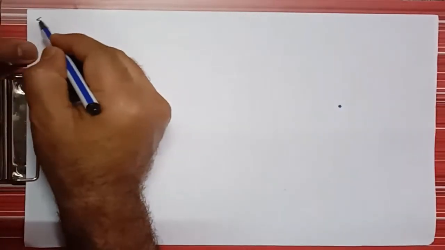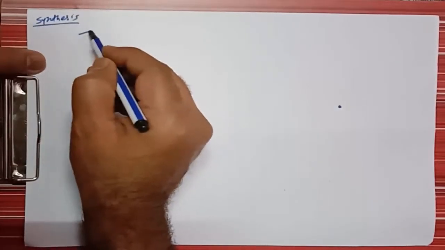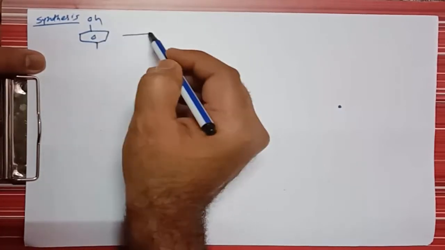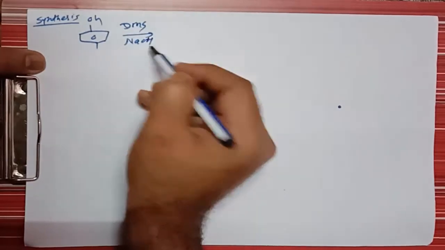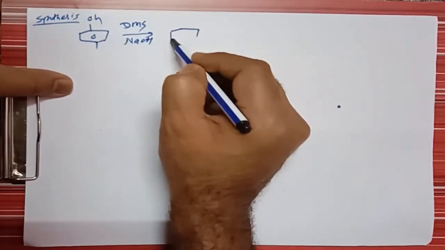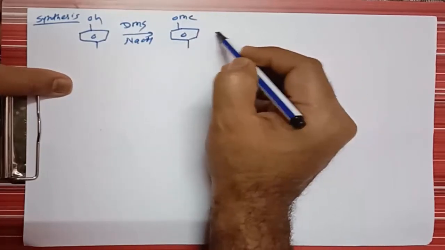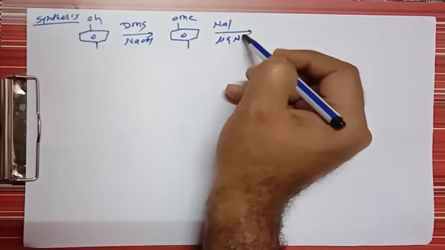In the synthesis, we can take this paracresol, OH, methyl, then we can treat this molecule with DMS and NaOH, then it will give a protected phenol, that is OMe, here is methyl. Then we can go for Birch reduction, that is sodium in liquid ammonia.